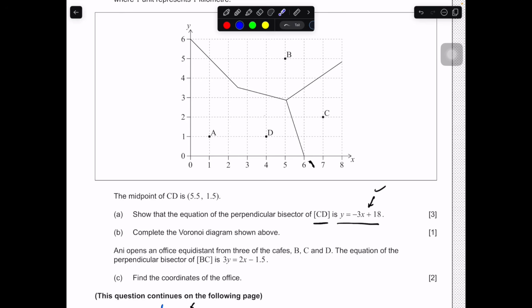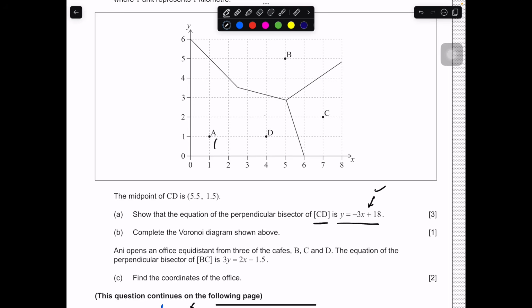So we've got most of our boundary lines already written in, but there's one that isn't, and that is the boundary line between A and D. We have D and C, we have B and C, we have B and D, but we don't have this boundary line here. So let's find that out.